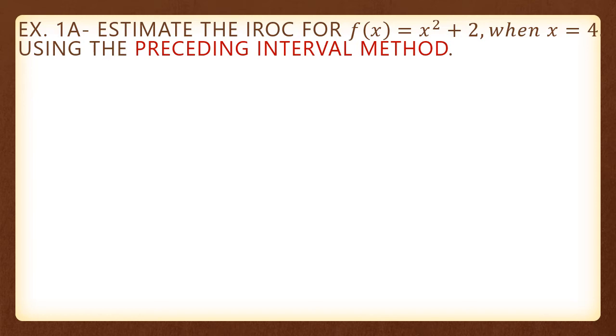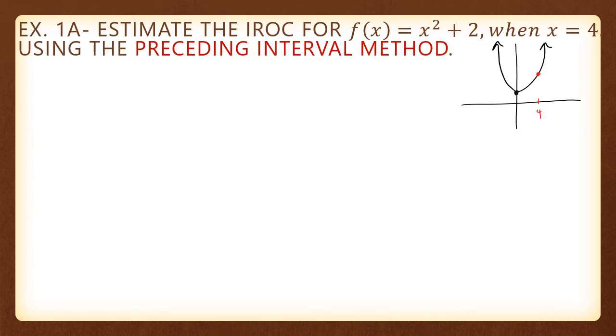It might help us to make a quick sketch. X squared plus 2, that's just a parabola opening up that has been moved up 2. Let's just say x equals 4 is right there.